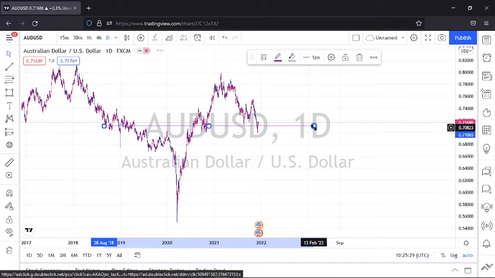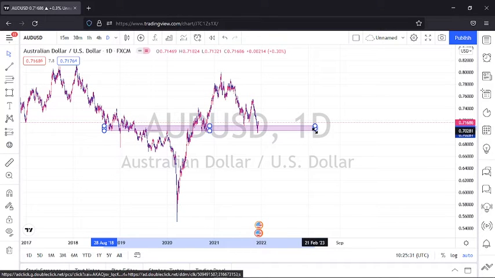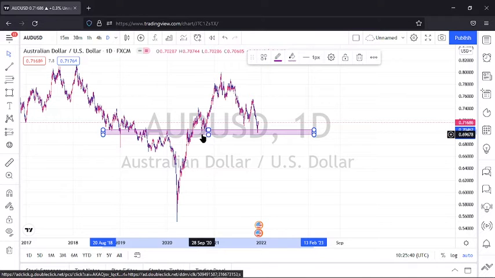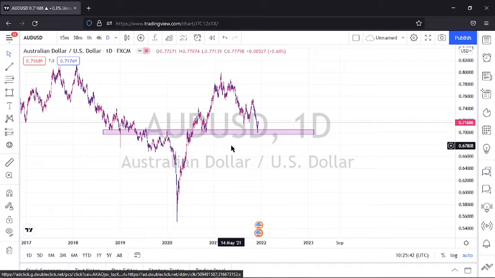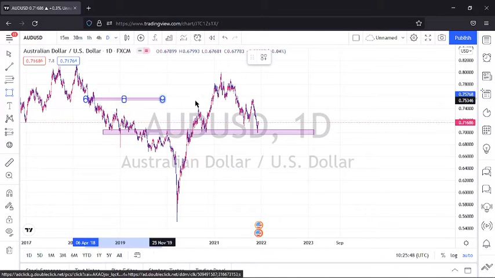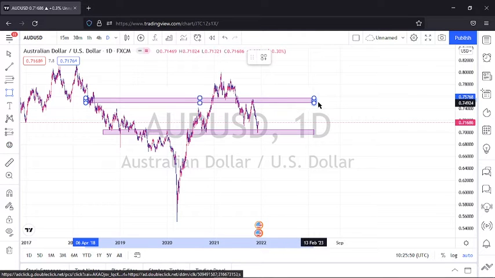As you can see, there is a whole lot of reaction from the support zone here. We also have to identify the resistance zone. The resistance zone starts from this point down to this point.